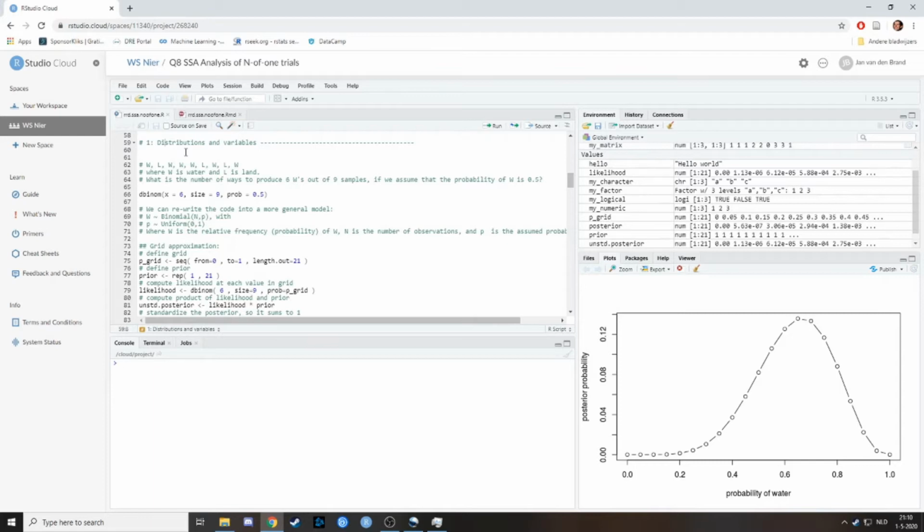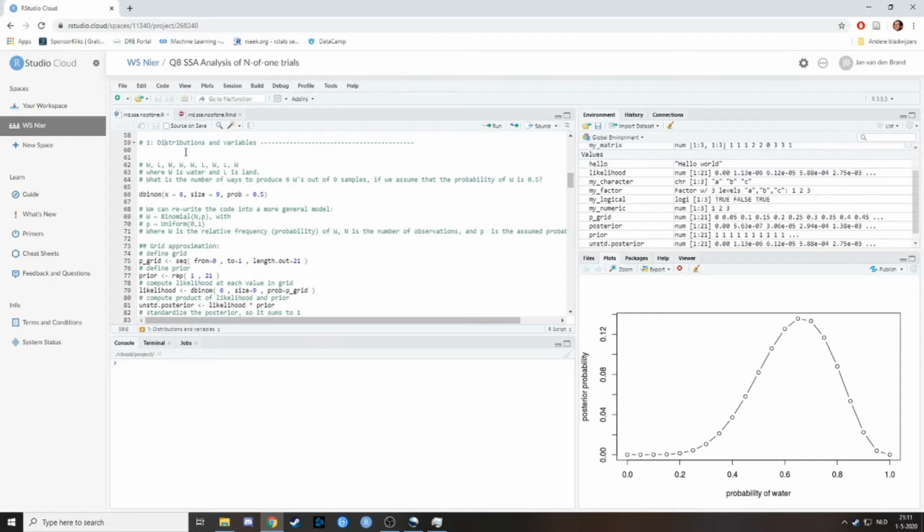Here we have an example of a distribution or a likelihood where there are only two options. This may be something like a coin toss, a yes or no, alive or dead, or in this case we have a model of the Earth and we want to determine the proportion of Earth that is covered by water.